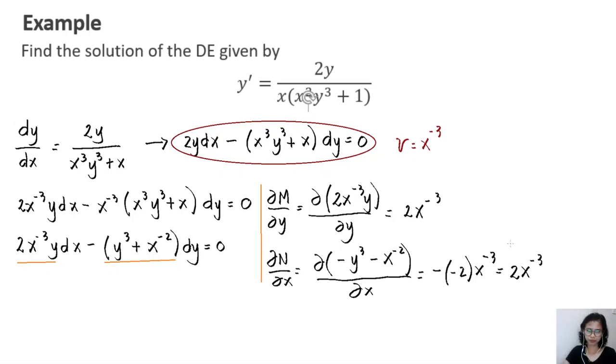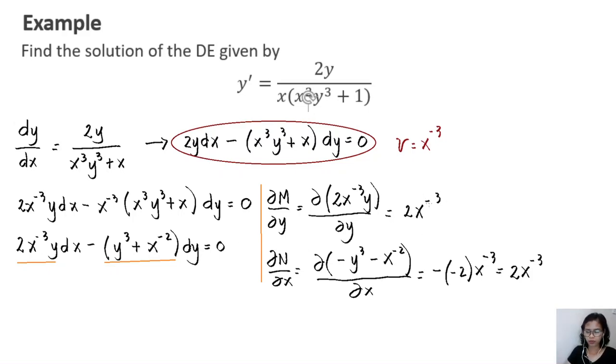So can you see, we are multiplying something, x to the negative 3, to both sides. Therefore the equation isn't really changed, but because you multiplied x to the negative 3, this new differential equation that we have is already an exact differential equation.